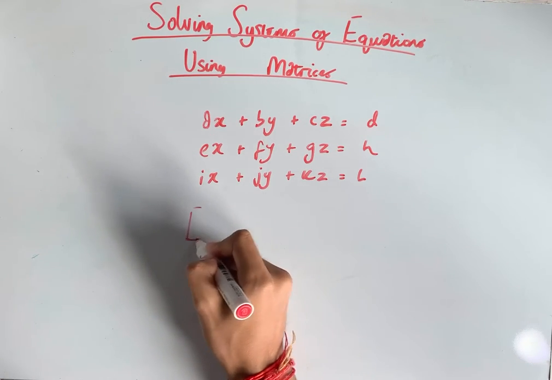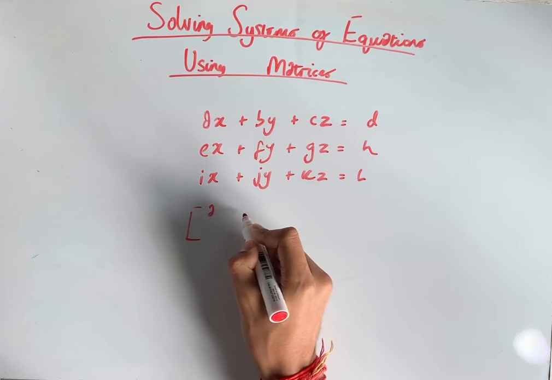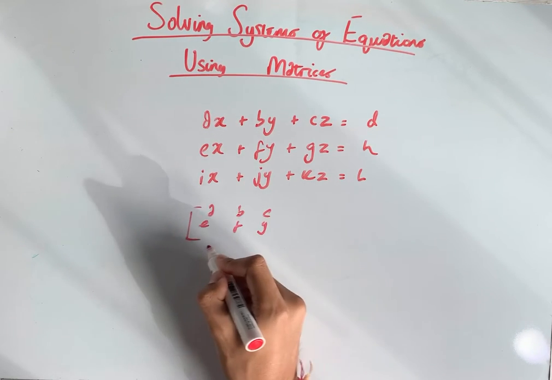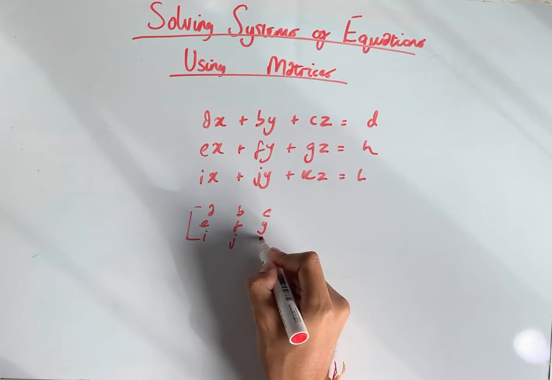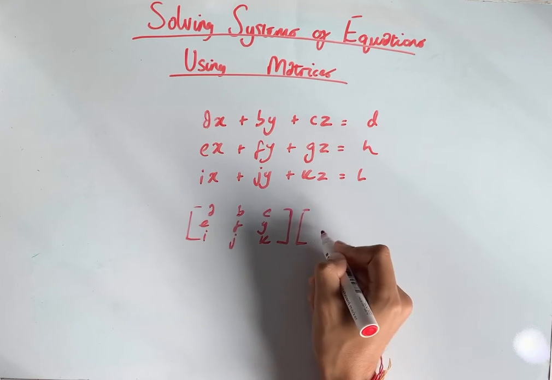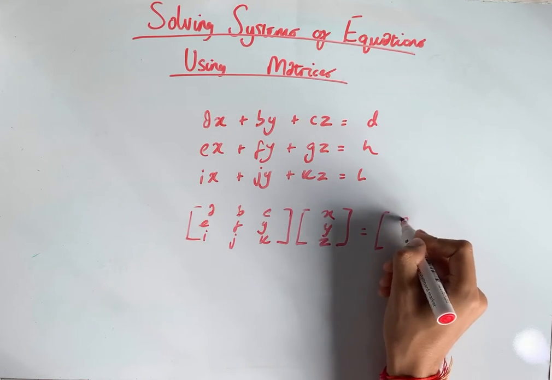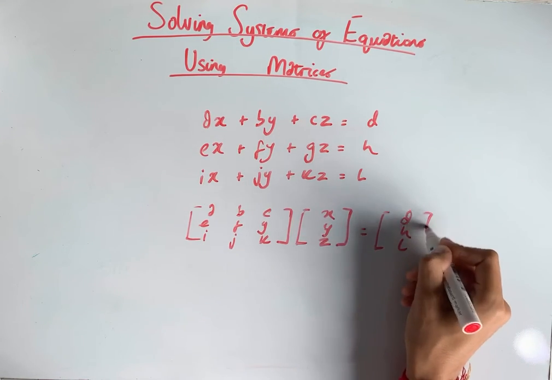Putting this in a matrix form, you would find (a, b, c; e, f, g; i, j, k) multiplied by (x, y, z) equals (d, h, L).